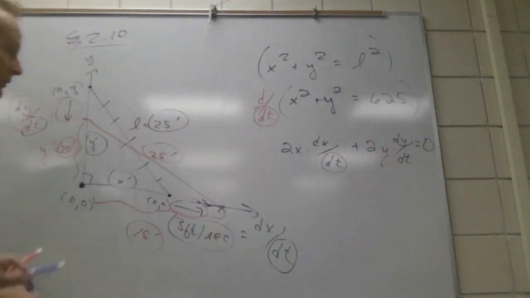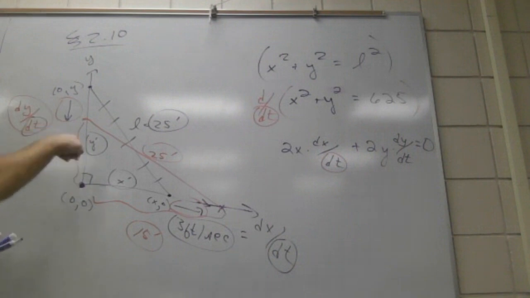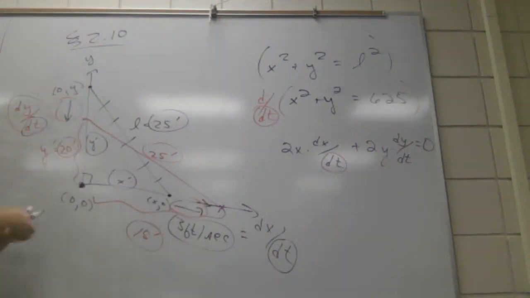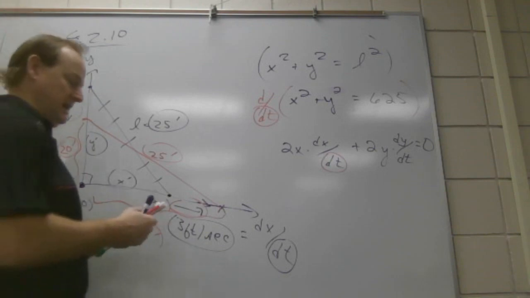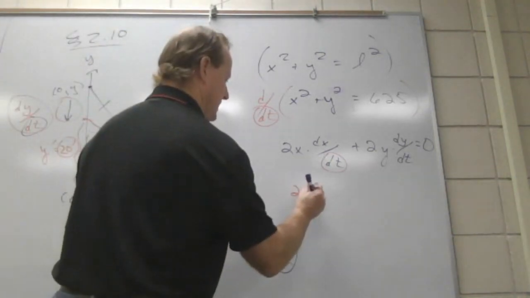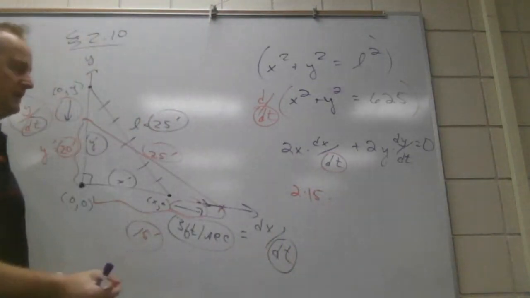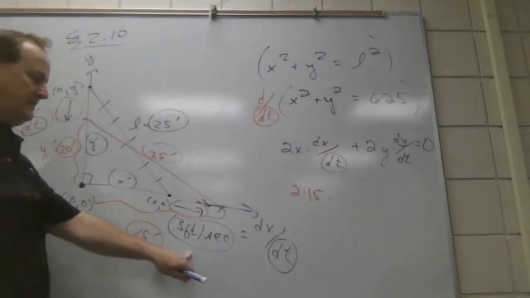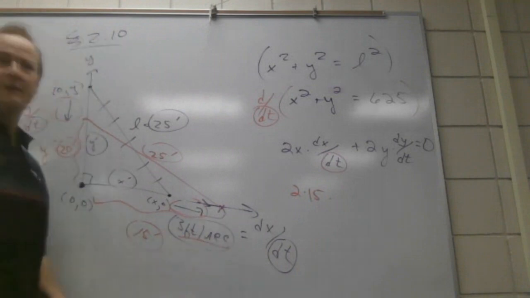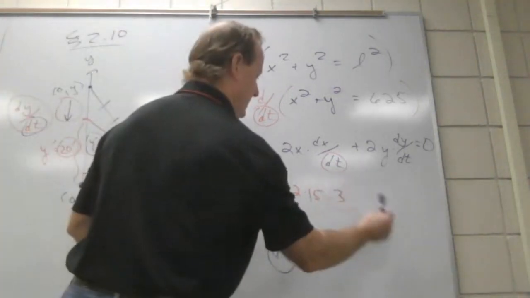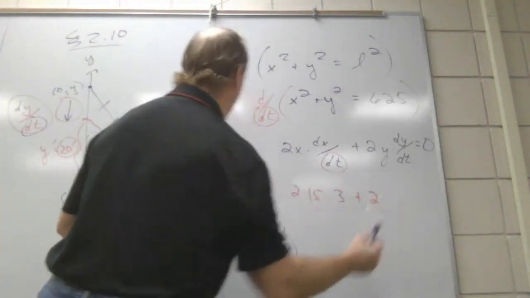Now, we're looking at the point in time of the red, when x is 15 feet to the right and y is 20 feet up. So we know those two. So this is 2 times x, which is 15, times dx dt. Do I know dx dt? 3 feet per second, so times 3, plus 2 times y.